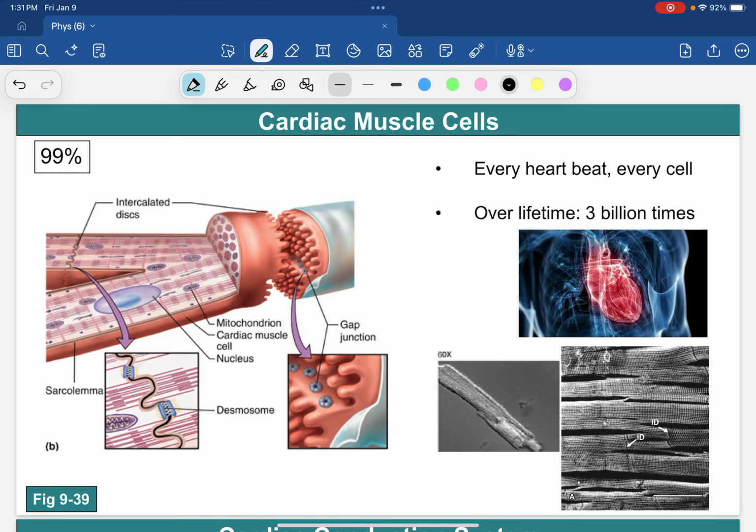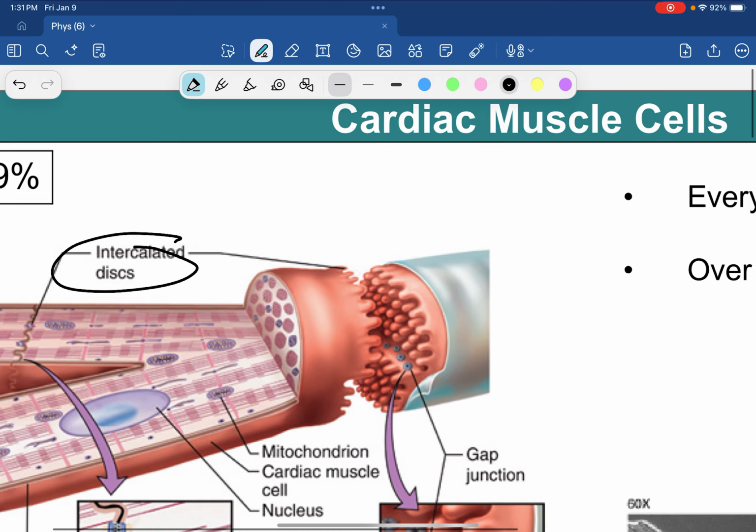Okay, so today we're going to be talking about the spread of signaling throughout cardiac muscle cells. To start, we have a few key layers we want to make sure we take note of. The first is these intercalated discs, and these are important because they hold these cells together.